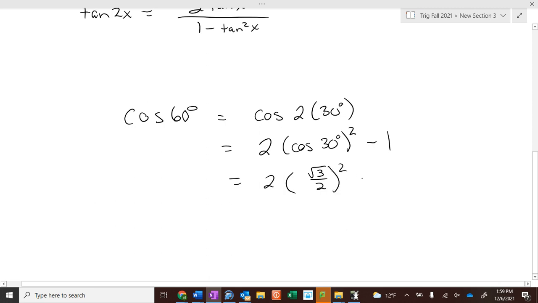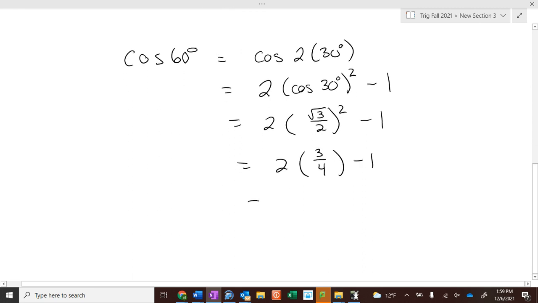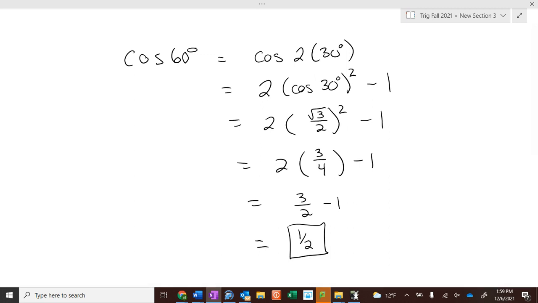Square root of 3 over 2, and we're going to square that. Square root of 3 squared is 3. 2 squared is 4. What's 2 times 3 fourths? 6 fourths, which is 3 halves. What's 3 halves minus 1? And that's the answer that we knew before we ever even started the problem. So you'll know the answers to these before you even start the problems, for the most part.